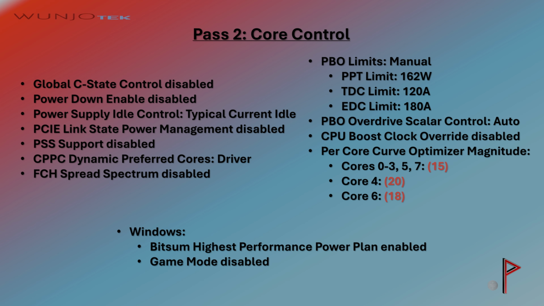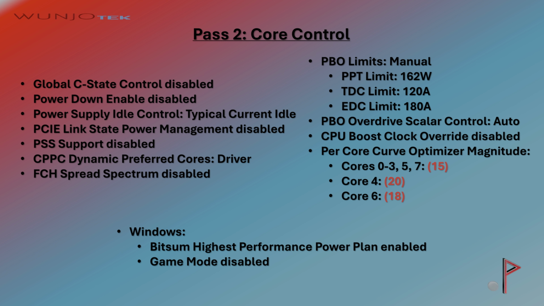So spread spectrum wobbles that clock to smear electromagnetic interference spikes for regulatory testing. Stock systems can tolerate that wobble, but we're overclocking, not shipping motherboards, so we disable it to keep BCLK perfectly stable.